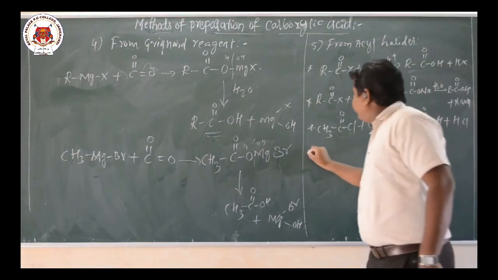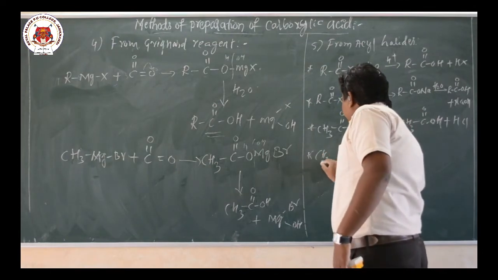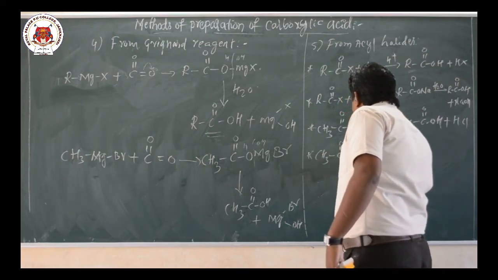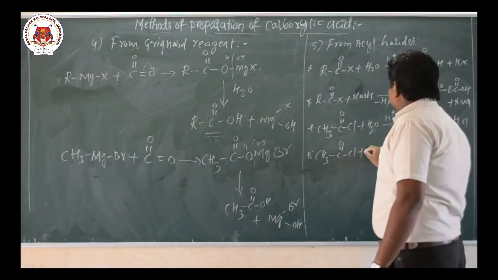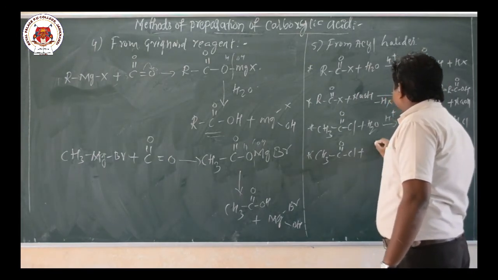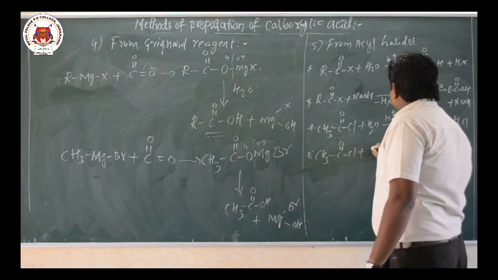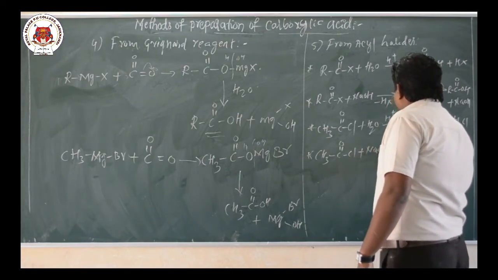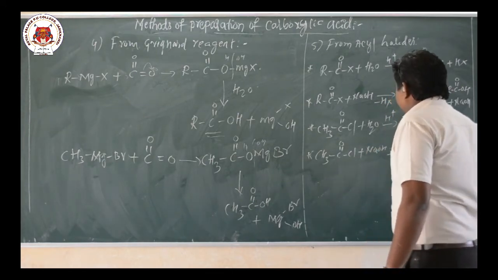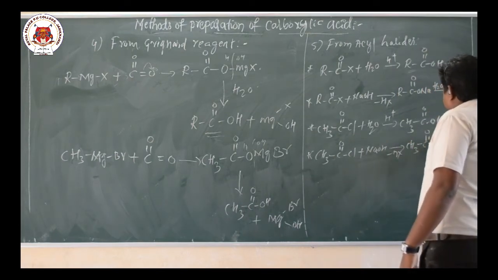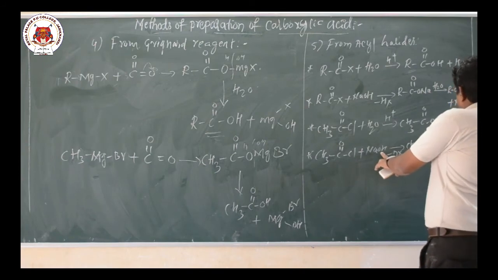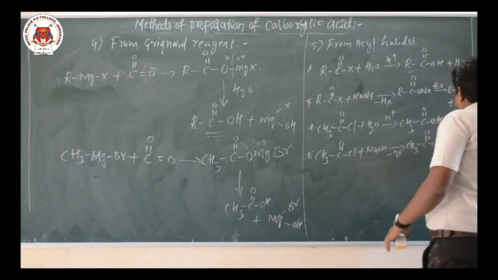If the acetyl chloride undergoes hydrolysis in the presence of base, so when it reacts with base, NaOH minus HX, that will give CH3COONa plus HCl.